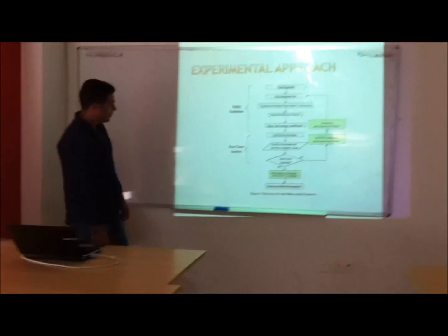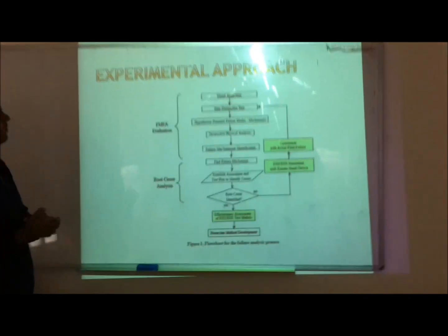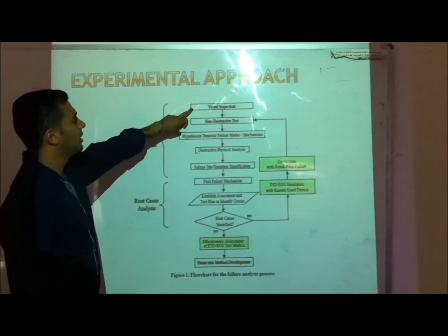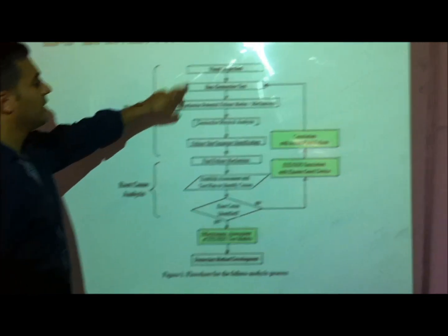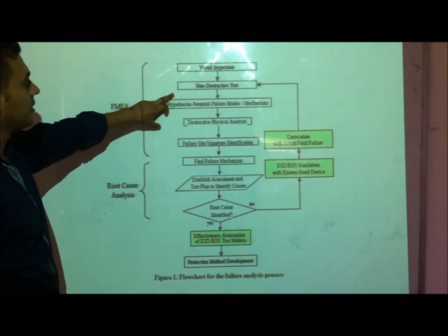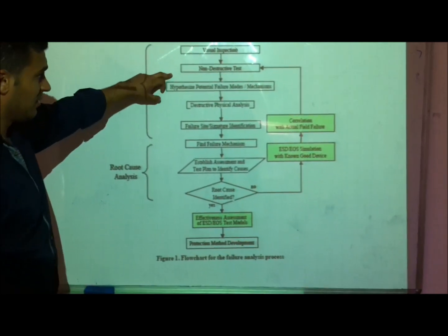This flow chart shows the steps or the procedure in the experiment. First of all, we have a visual inspection, then non-destructive tests, so we don't damage the samples.